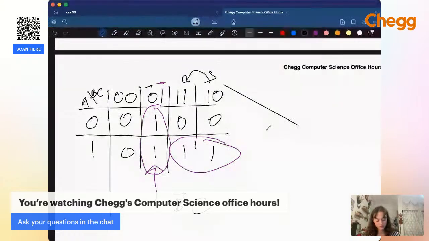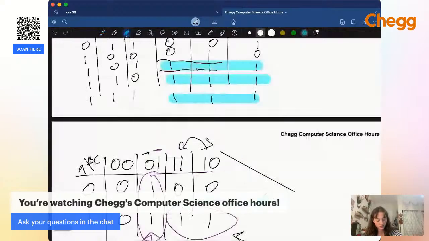When B is false and C is true, then F is true. And then this rectangle here is when A is true and B is true. Okay, so that's our simplified function using a K-map.